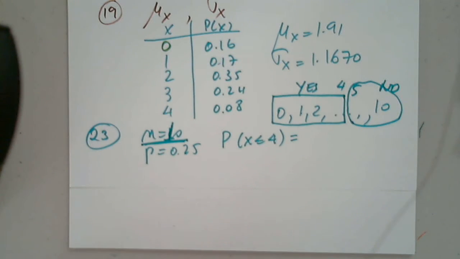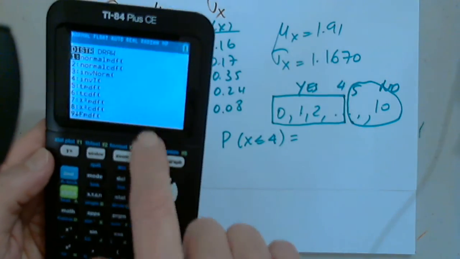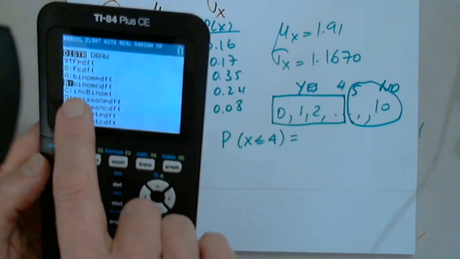In case you are using a calculator, you will have to use second, distributions, and scroll up to Binomial Cdf.